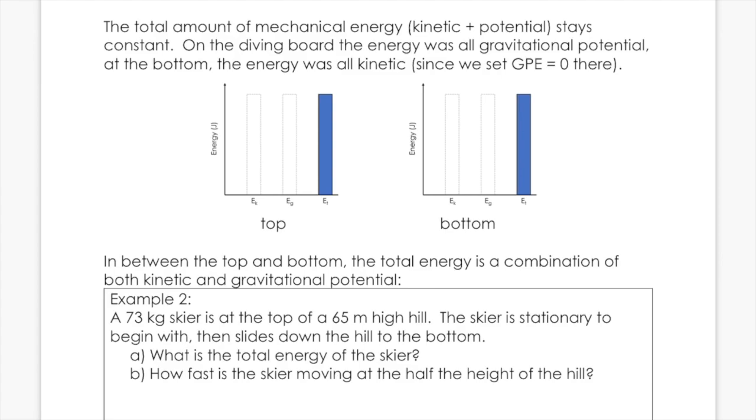Like I just explained, on the diving board the energy was all gravitational potential. At the bottom, energy was all kinetic energy. So it converted from one to the other, but it was still equal to the total energy, which is that last bar.